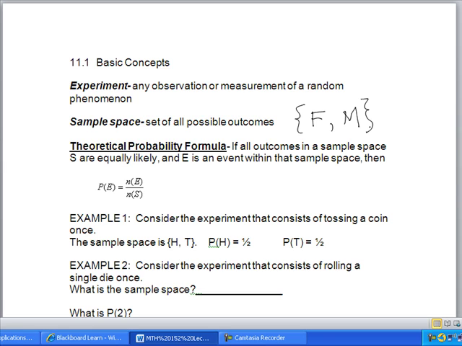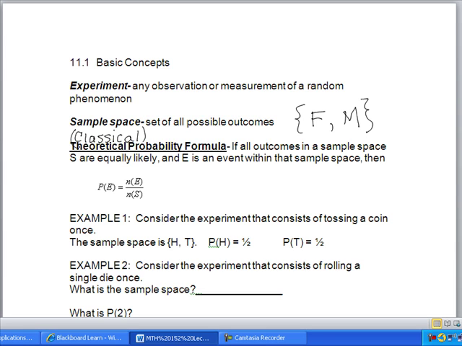Now, a theoretical probability, we have a formula for that. And this is sometimes called the classical probability formula. This is what we expect to happen. Okay, it's based on the mathematical principle, what we expect to happen.